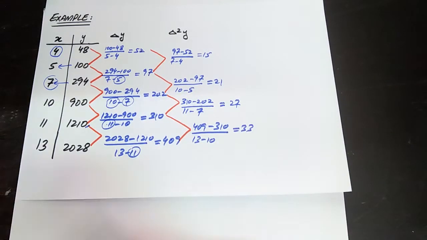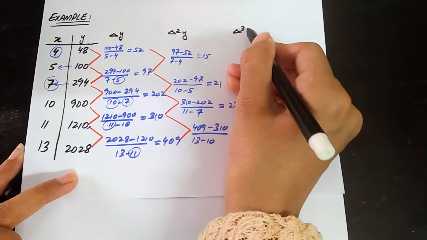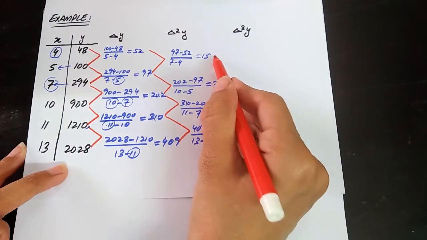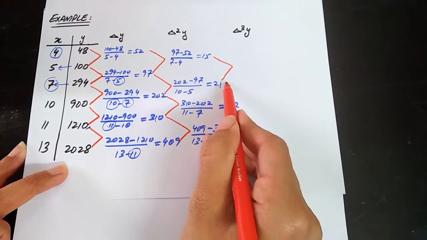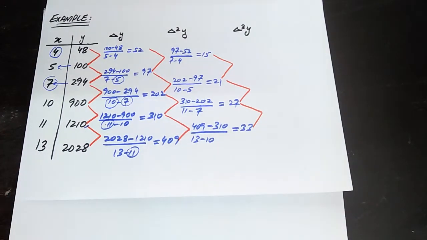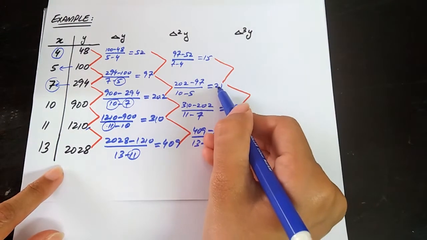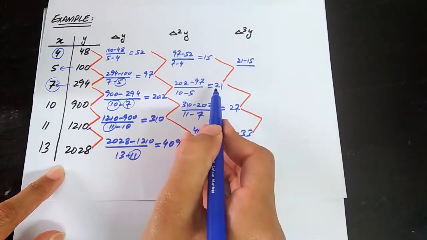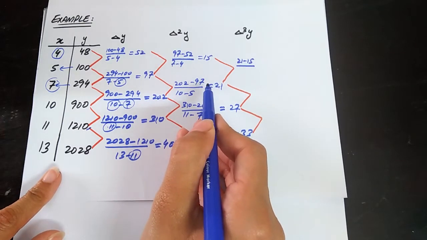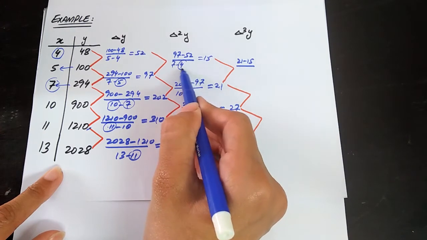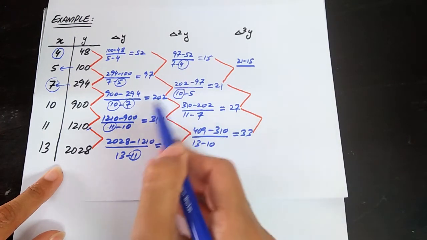Now we need to move on to our third difference, that is del 3y. The third difference will be between 15 and 21, 21 and 27, 27 and 33. How will we calculate it? It will be 21 minus 15 divided by, now here it is starting from 4 and ending at 10.